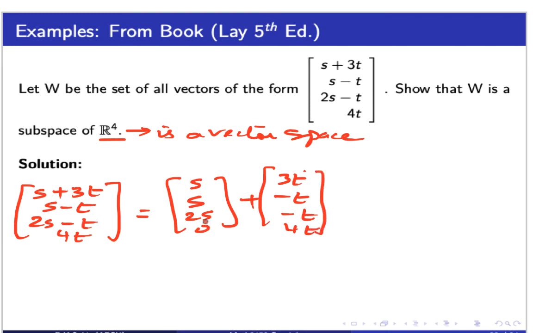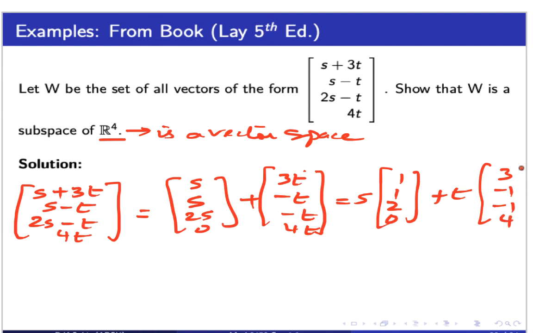Now s can be taken common from here: s times (1, 1, 2, 0). And I can take the t common out from the second vector: t times (3, -1, -1, 4). Notice the W, which is the set of all those forms, is nothing but a linear combination of the vectors (1, 1, 2, 0) and (3, -1, -1, 4).